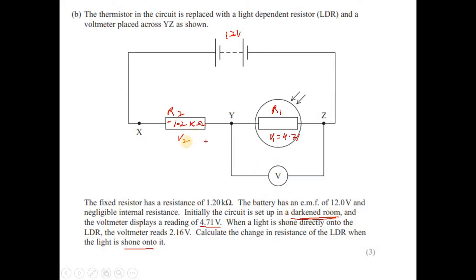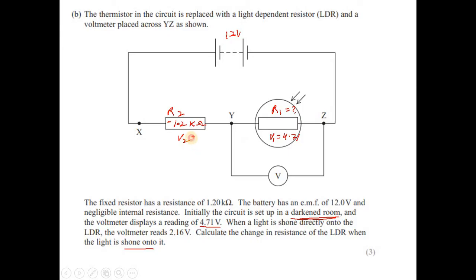Suppose V2 is the voltage across the fixed resistor R2 and V1 is the voltage across the LDR with resistance R1.